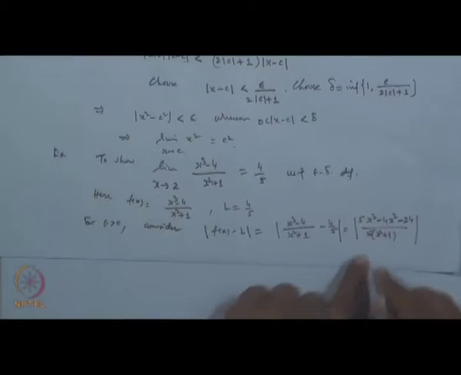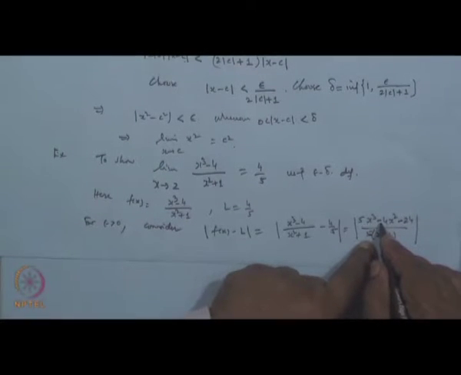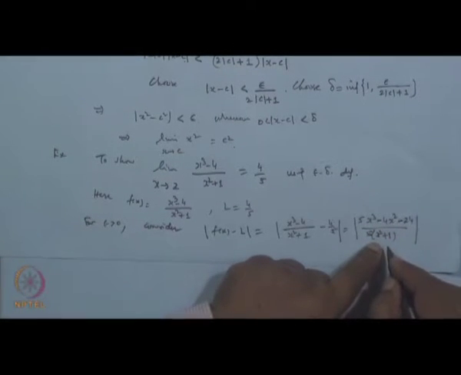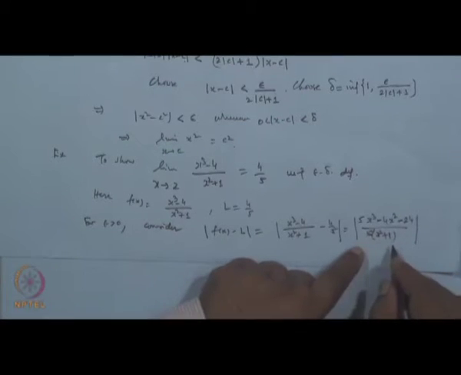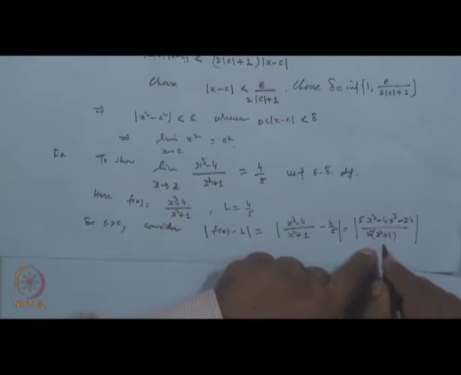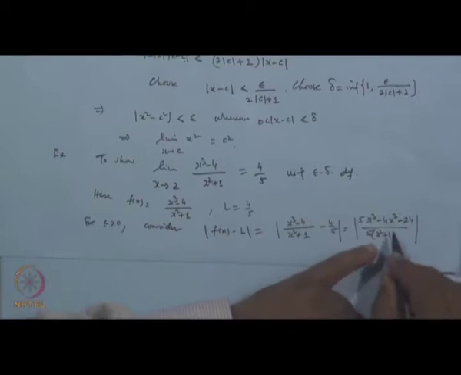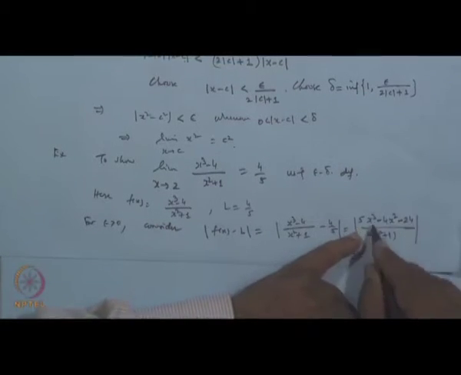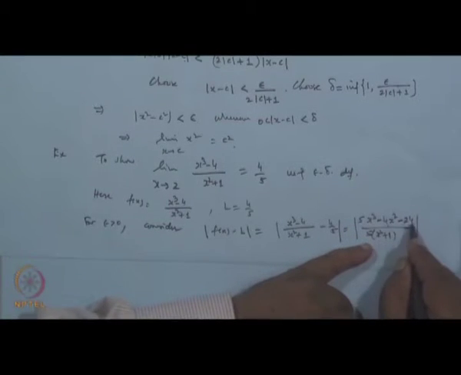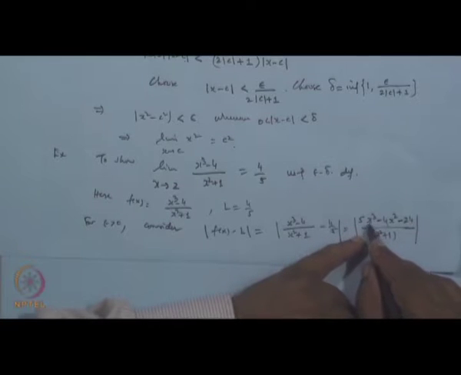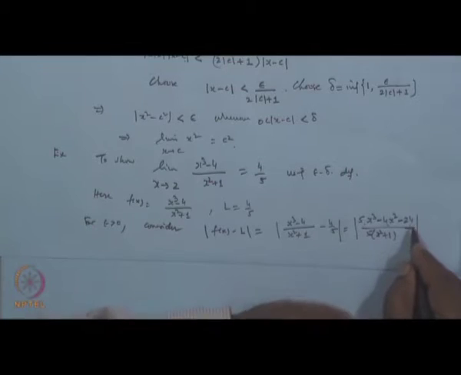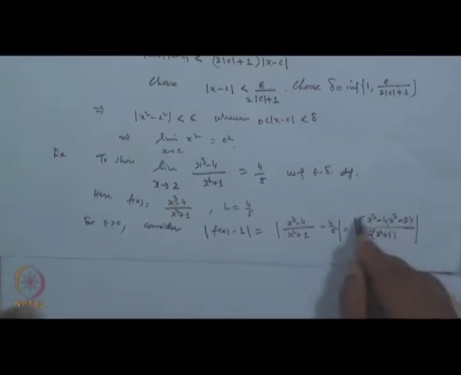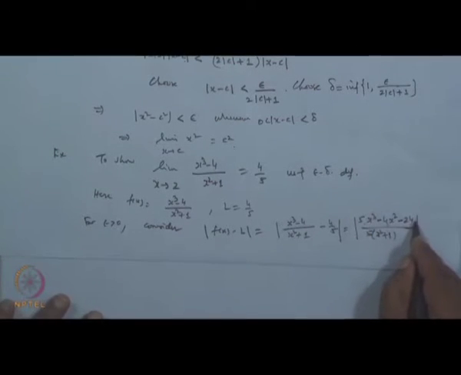Now, here the numerator is one degree higher than the denominator. So, what we do first is separate out the factors. If we look at the numerator, x equal to 2 satisfies it: 40 minus 16 minus 24 equals 0. It means x minus 2 will be a factor of this expression.